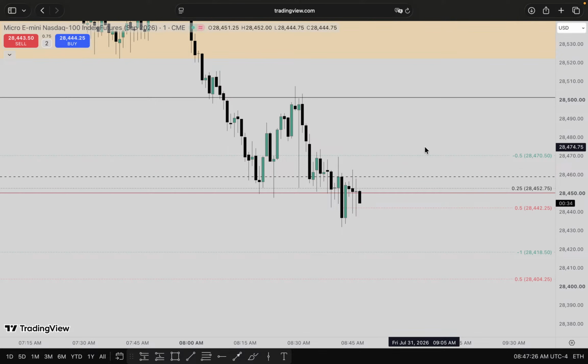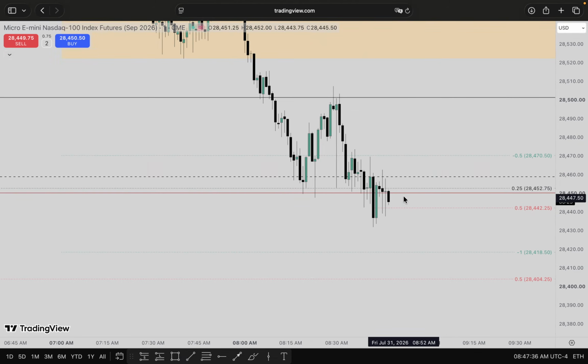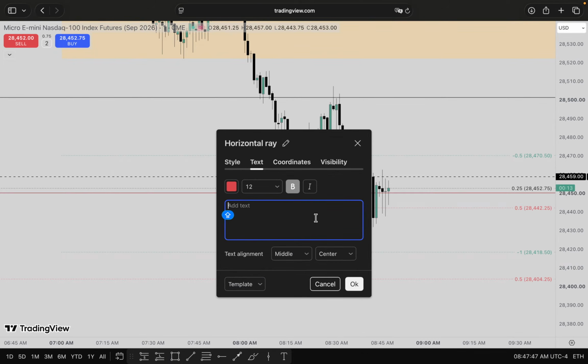Hopefully this ain't gonna consolidate up until then, because you can see it's kind of wicky. It is kind of wicky when you look at that price action right now. And we're doing it really around the midnight opening price, if you notice that. This dashed line right here is the midnight opening price.